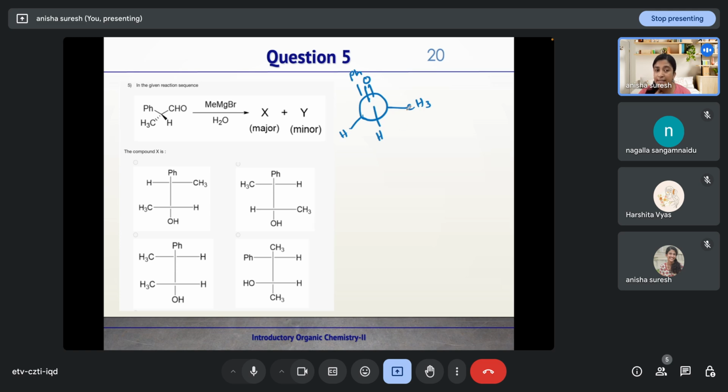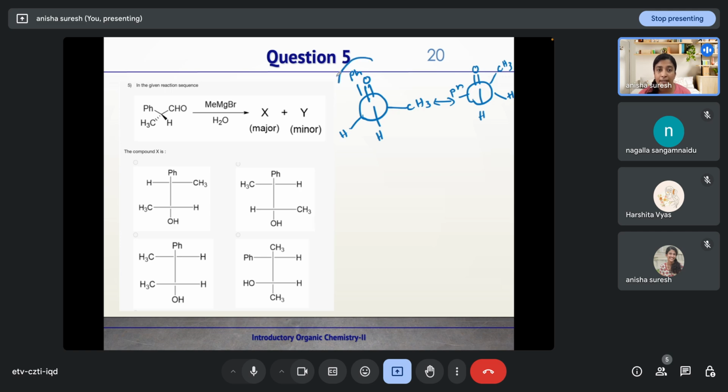We will draw it in such a way that the hydrogen will be coming next to the path of attack, so that there will be an unhindered approach. So we can redraw it in such a fashion: double bond O, H, CH3, hydrogen and pH.